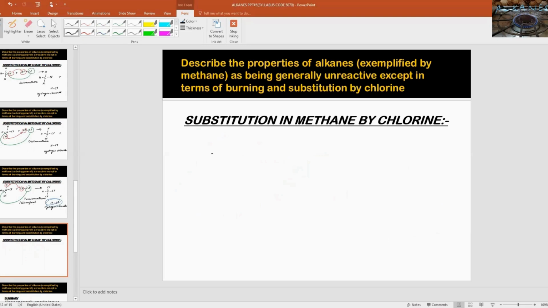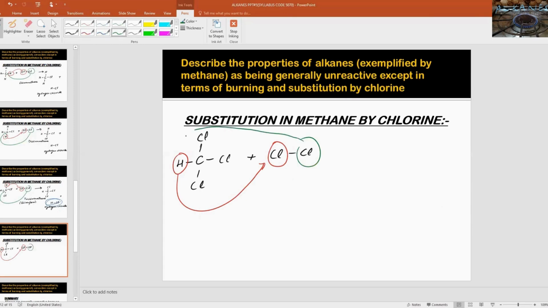So I will write with the product of the third reaction. Again, it will be attacked by another chlorine molecule. This chlorine will make a bond with the carbon atom.